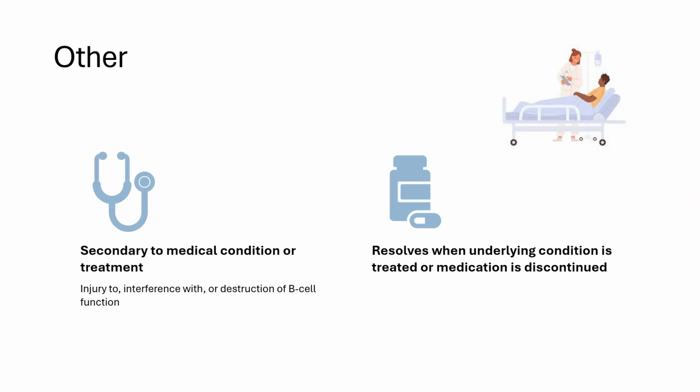They usually resolve, meaning the patient doesn't end up needing insulin, when the underlying condition is treated or the medication is discontinued. So if the patient's no longer taking corticosteroids, which is usually the one I've seen in the hospital quite a bit, we stop giving it to them, and then they no longer are classified as any type of diabetic.